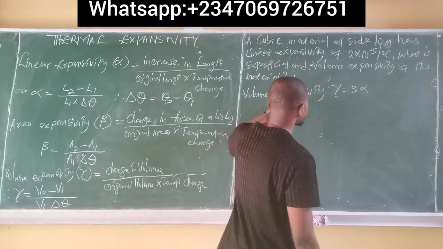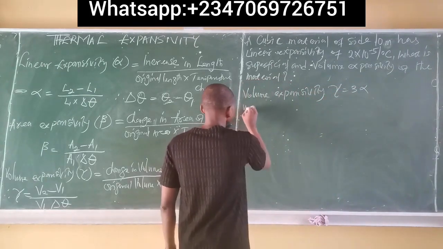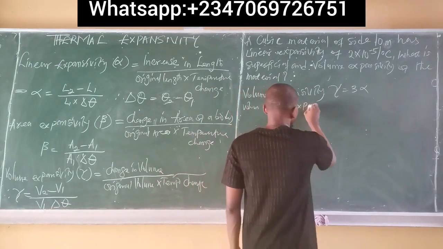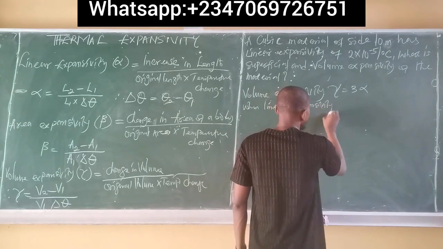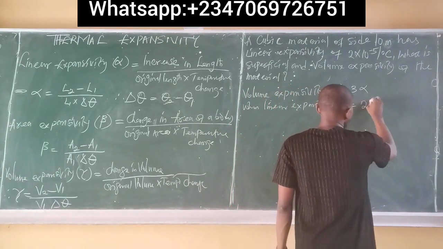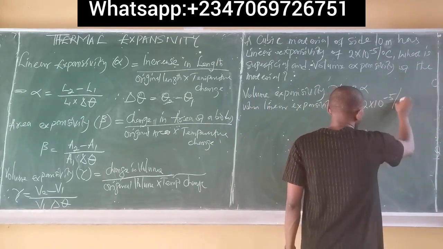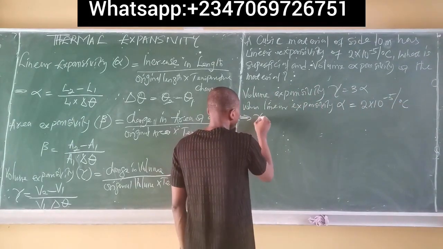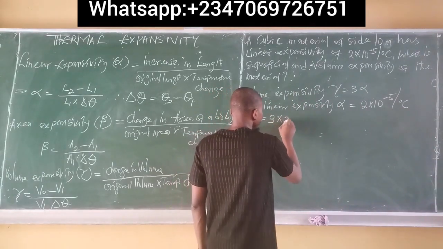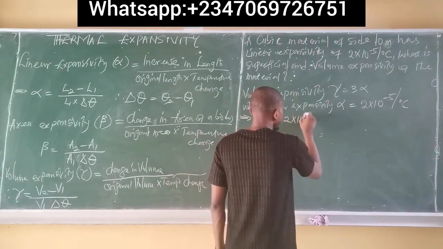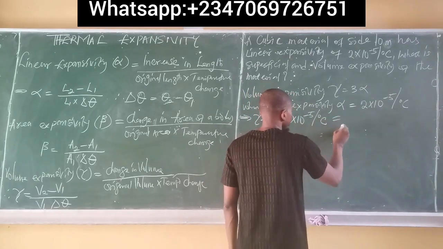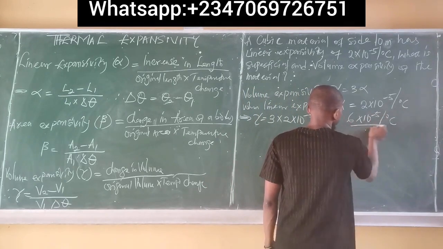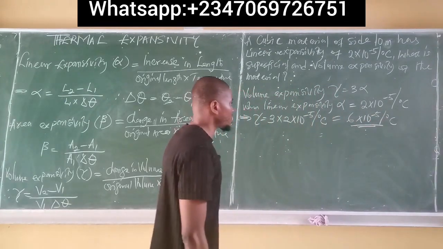When linear expansivity, which is alpha, is given as 2 by 10 to the power of minus 5 per degree Celsius, this simply means that the volume expansivity, gamma, is equal to 3 times 2 by 10 to the power of minus 5 per degree Celsius. And this is equal to 6 by 10 to the power of minus 5 per degree Celsius. So this becomes the volume expansivity.